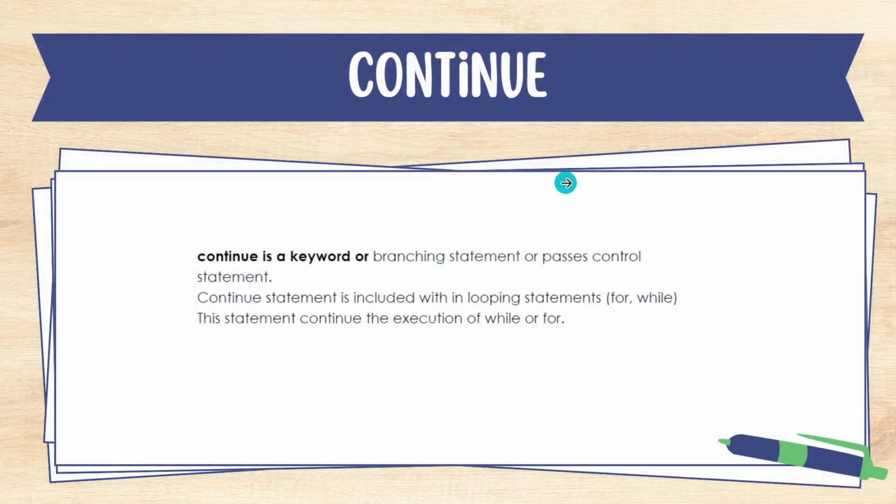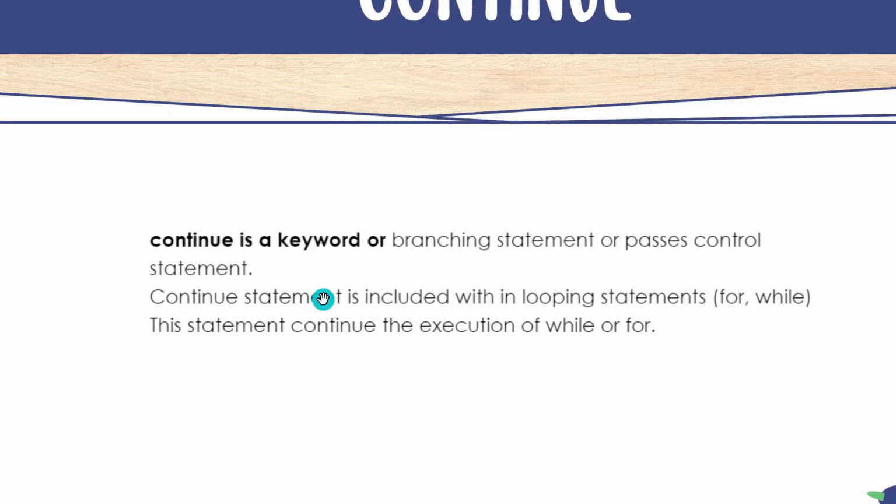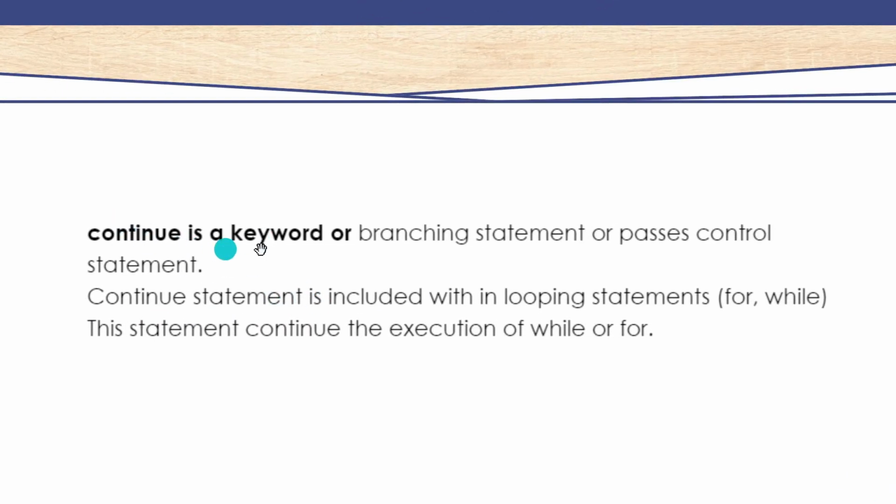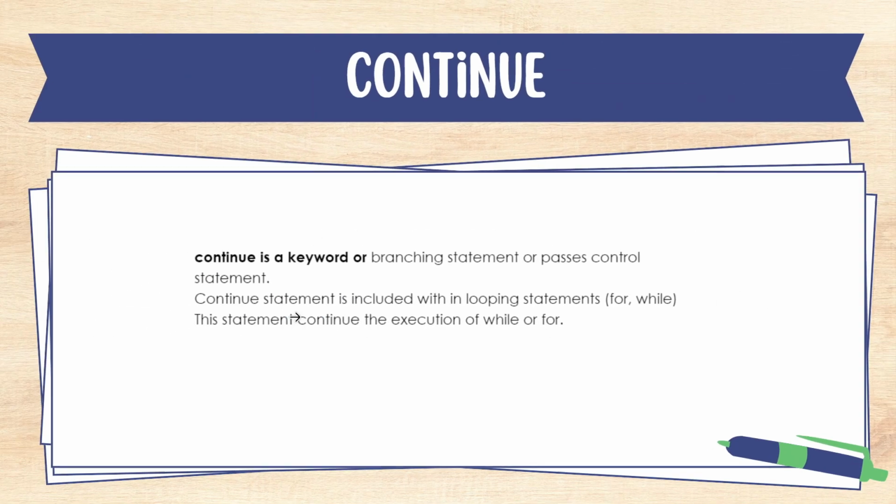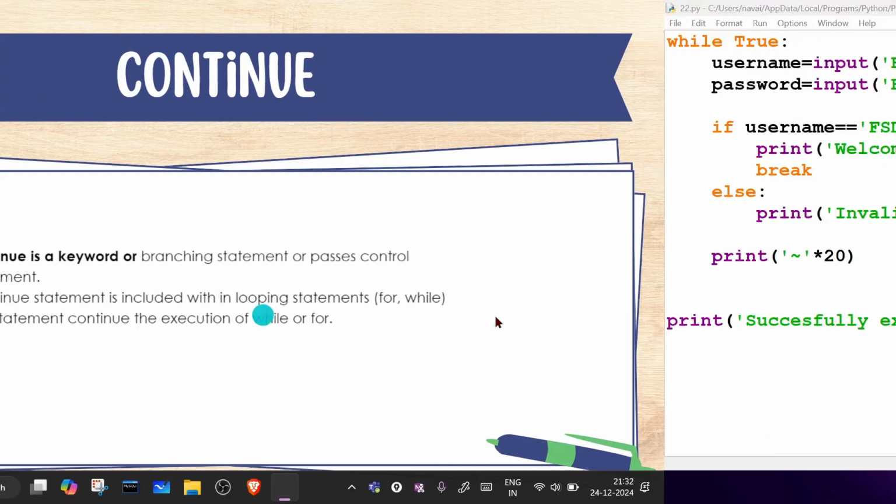Okay, so let's understand now continue. What's the use of continue keyword? Continue is a keyword or branching statement or pass control statement. What is the meaning of branching statement?